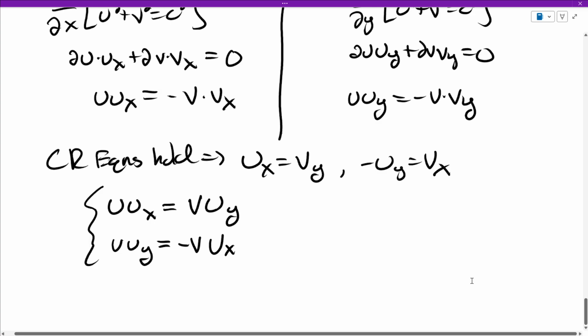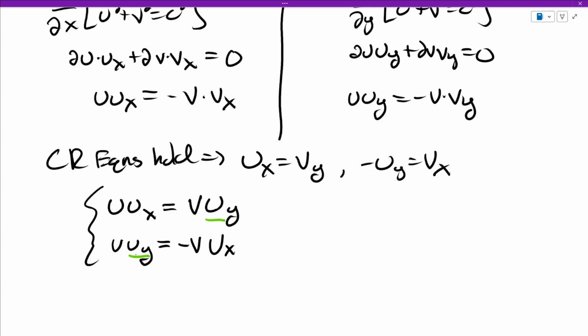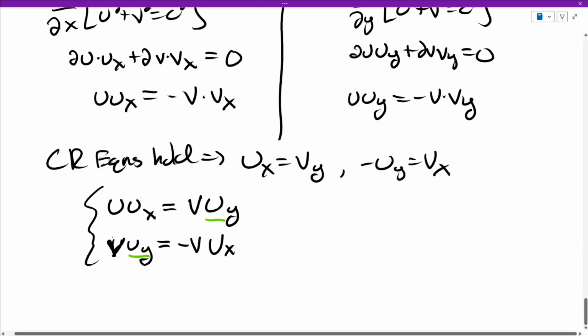Cool. And so now we want to solve the system, so we need to find some commonality between the equations. And I see a common uy here. So maybe we can create the similar thing on the right-hand side and the left-hand side of the second equation. How can we do that? Well, we can multiply the second equation by v.